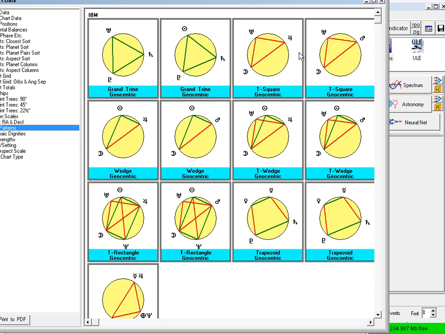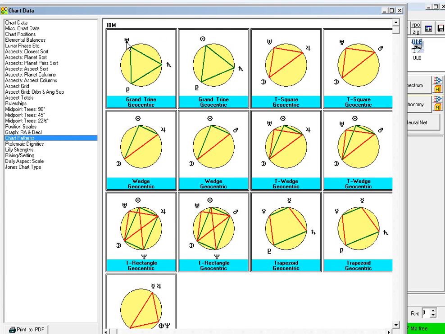Well, something sure does stand out. Our primary planet is Uranus. And it's in a grand trine with Saturn. So the Sun is also in a grand trine with Saturn. And Jupiter and Mars aren't doing that badly either, as you can see.